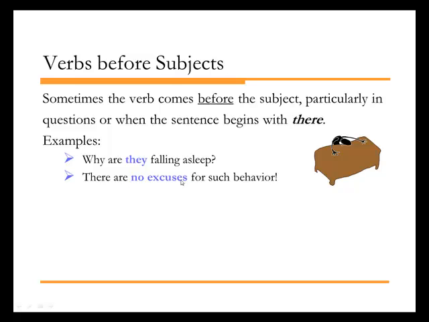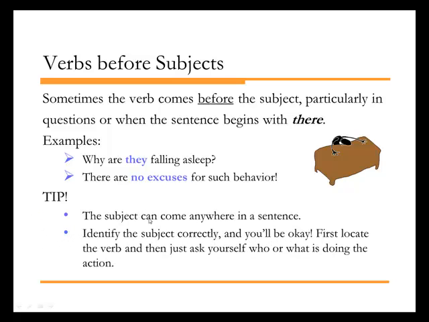Notice that this is plural, so it will take a plural verb. Just remember that the subject can come anywhere in a sentence. If you have trouble finding your subjects and your verbs, first locate the verb and then ask yourself who or what is doing the action, or who or what is being something.